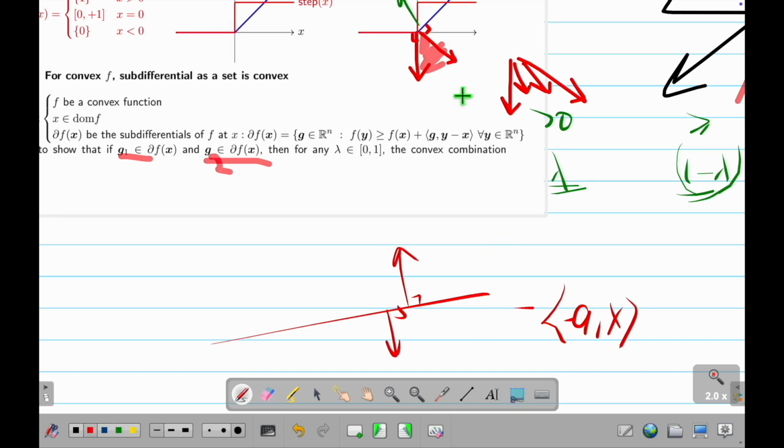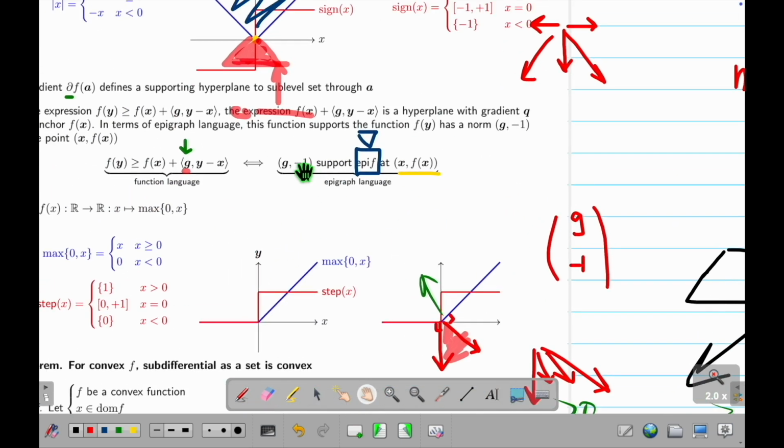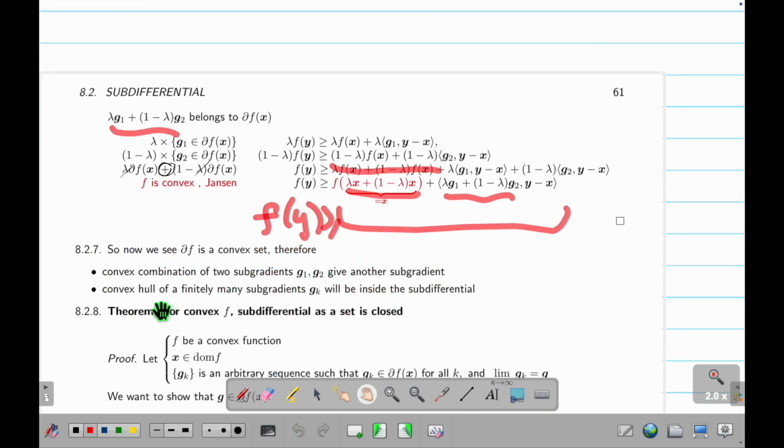But for this, no, we always have going down. The reason is that we always put this coordinate as -1. And this makes everything work. Yeah. And then what? This is the convex hull of two subgradients. So if you have a bunch of subgradients, the convex hull of many of them is also a subgradient.